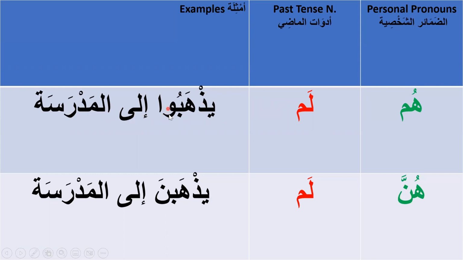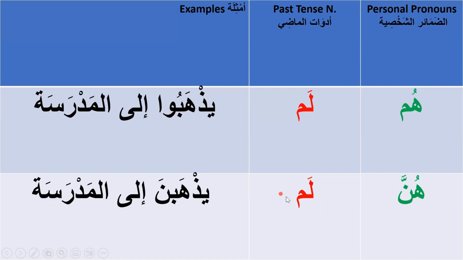And as you can see here also, the noon is dropped and an alif was put instead. So we put يذهبوا instead of يذهبون, which is the present conjugation for they go to school. But we say they did not. So that's why you see the noon is dropped and the alif is put instead of the noon.